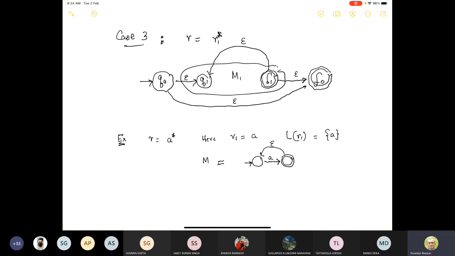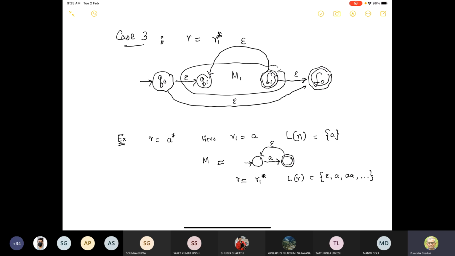So why is the answer no? Because epsilon can be accepted. Right. So LR contains epsilon.